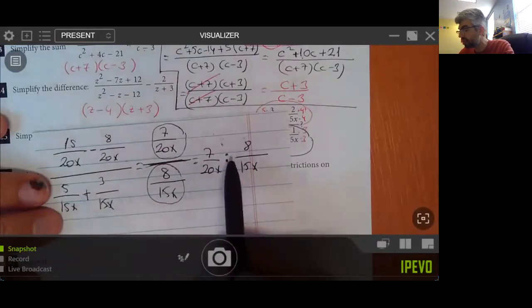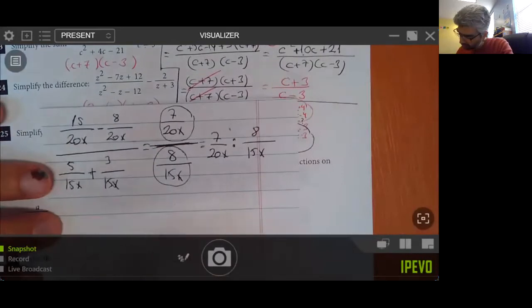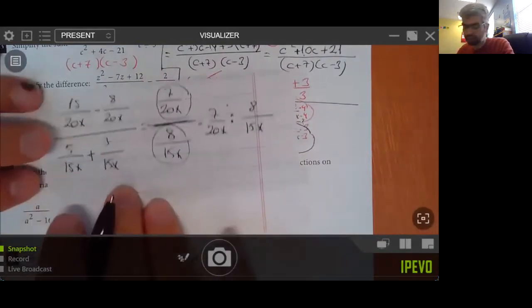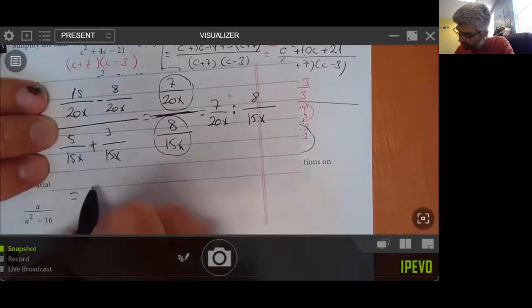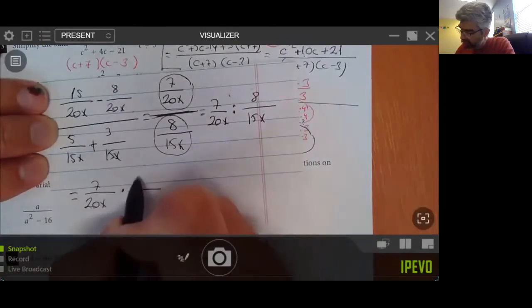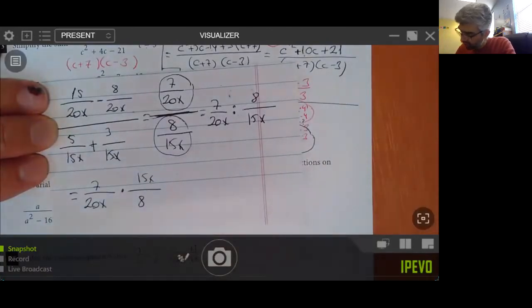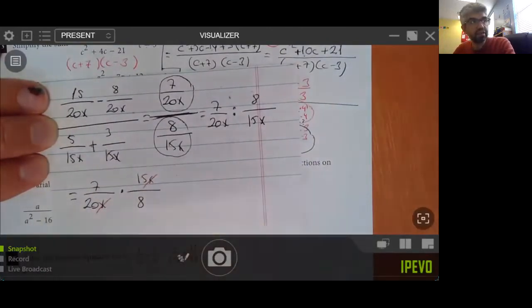I multiply the reciprocal of the second fraction, right? And so I write it here. I have 7 over 20x times 15x over 8. So the x is simplified.